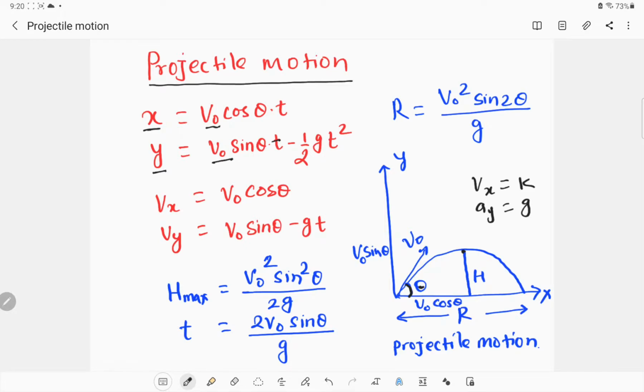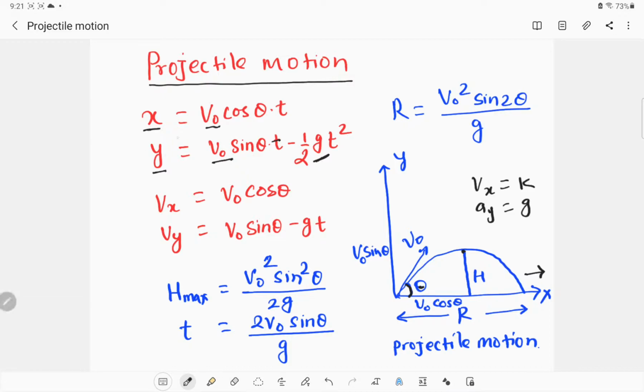So that's why the position of the projectile depends on the initial velocity, the angle at which the projectile is launched, and also the acceleration due to gravity. That's why this term is here. When you throw up some object like this, acceleration is pulling downwards, but that effect is absent along the x-axis, right? There is nothing pulling in this direction. That's why velocity remains constant, acceleration is zero, right?